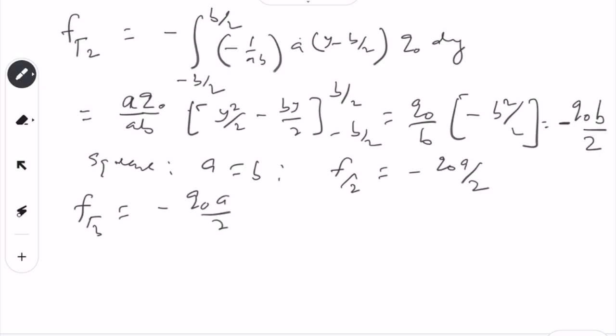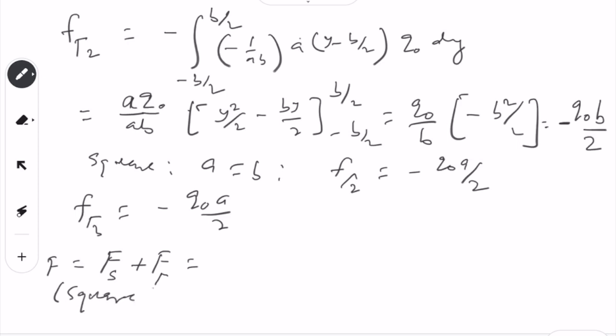So that means the f vector for this example will be equal to f because of the source plus f because of the boundary.